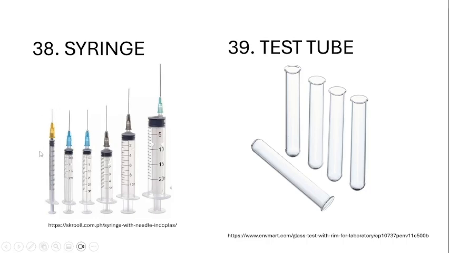But actually, injection is the process, one of the ways to use the syringe. And it comes in various sizes, 10 cc, 5 cc. Do note that 1 cc or 1 cubic centimeter is just the same as 1 mL. That's a conversion factor.